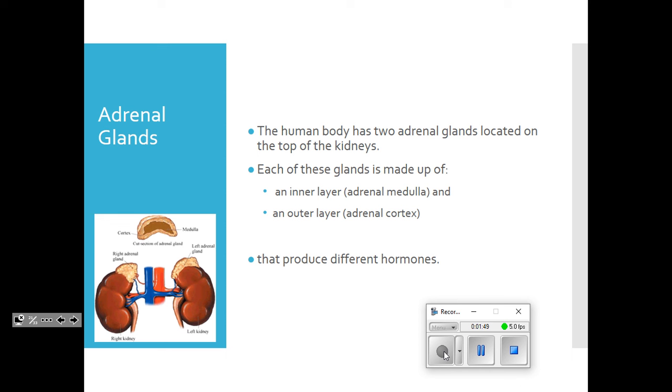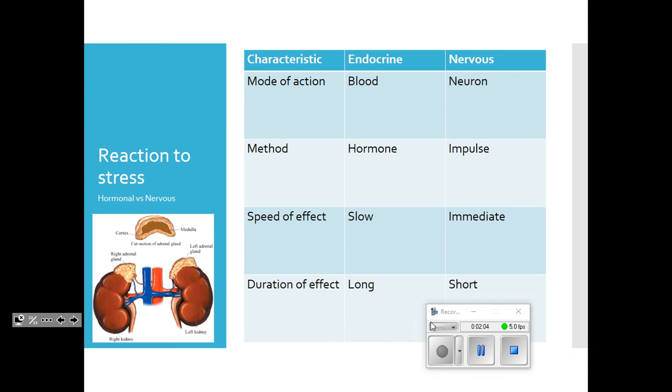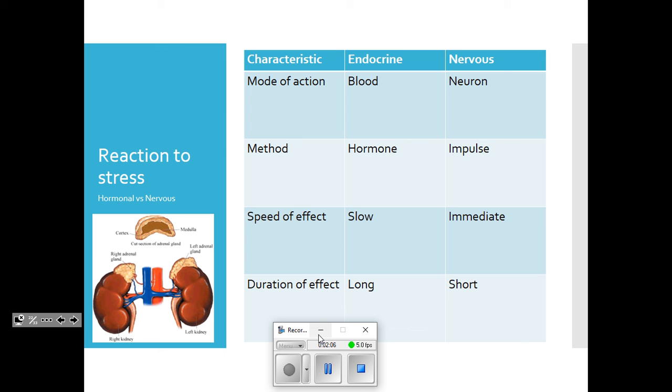And each of these portions of your adrenal glands produce different hormones. And the reason they do this is because they're sort of hooked up to different aspects of your response to stress. So before we get into the details, I wanted to summarize this. When you react to stress, you have sort of a twofold response to it.